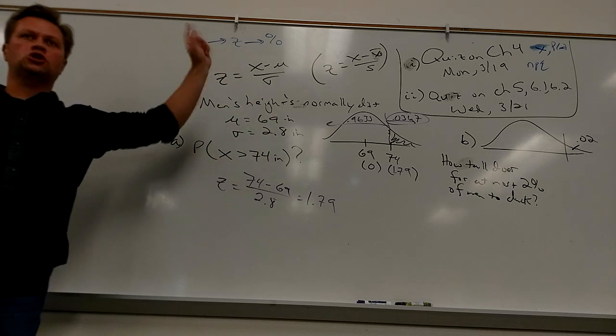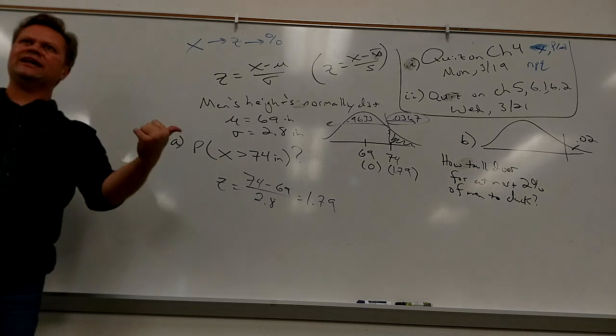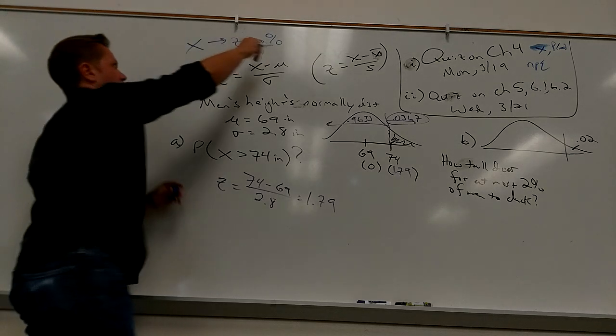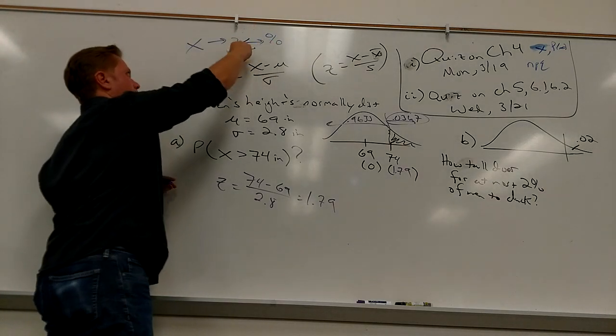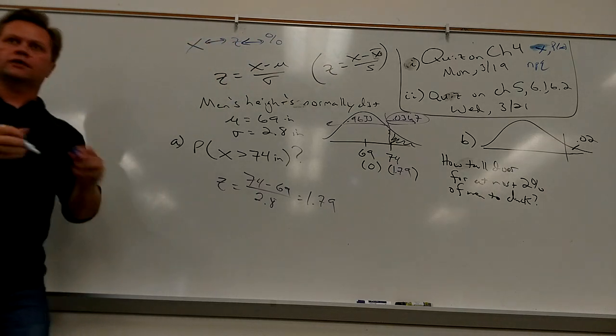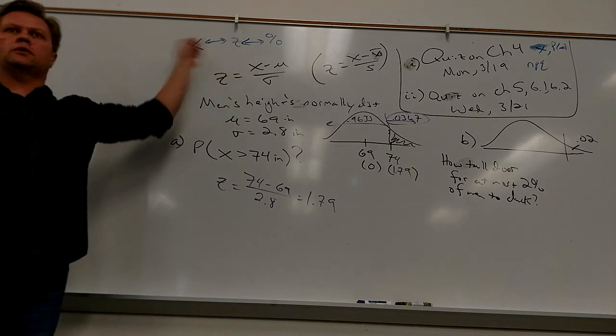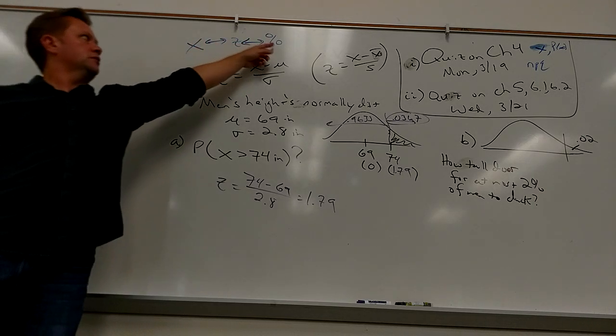Part B started with a percentage, and it's asking me for how tall the men are, which is what x is here, right? So I'm given a percentage. Okay, I better make a z-score out of it. And then I better change that back into an x score. So that's the order of things as we follow. Sometimes you'll start here, or sometimes you'll start there.